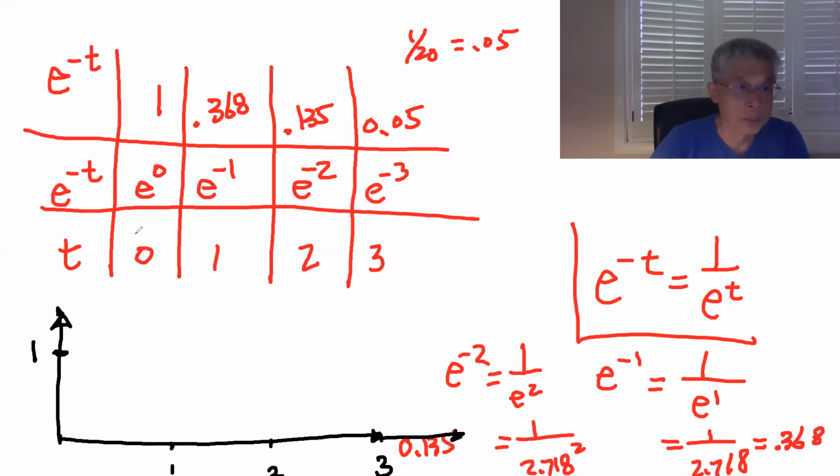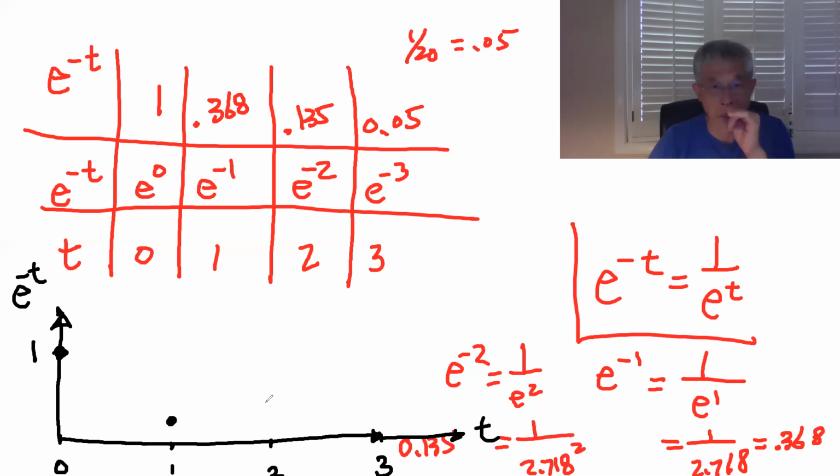So this is T, and this is E to the minus T. When T equals 0, it's equal to 1, so I got this point here, that's the first point. And T equal to 1 is this one here, so E to the minus 1 is 0.368, so it's right there.